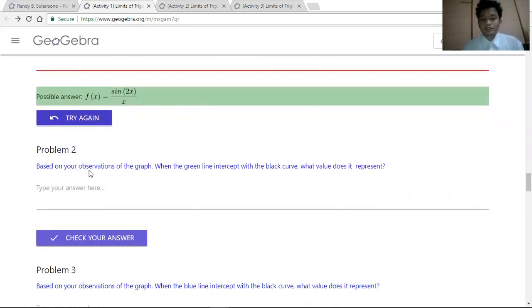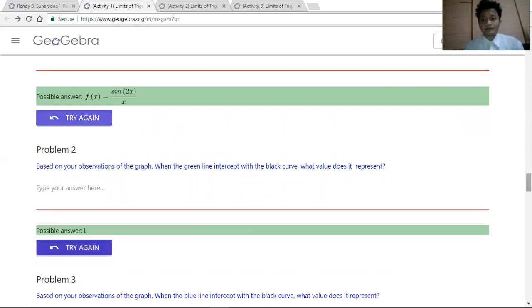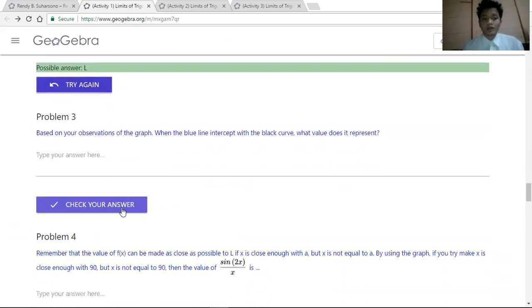Based on your observation of the graph, when the green line intersects with the bold curve, what value does it represent? L. Problem 3. Based on the observation of the graph, when the blue line intersects with the bold curve, what does it represent?